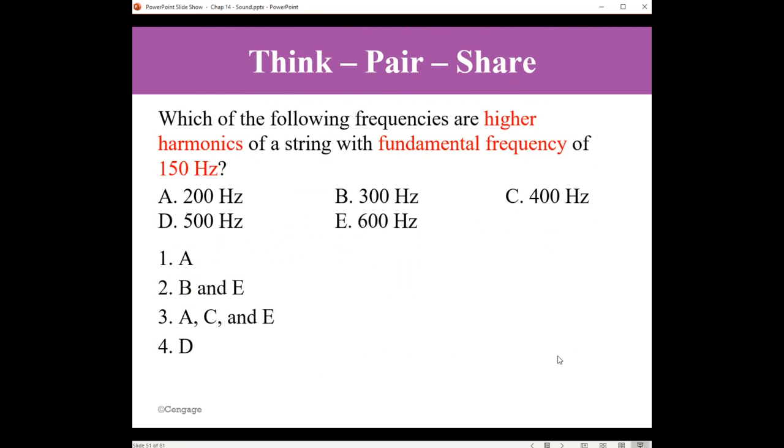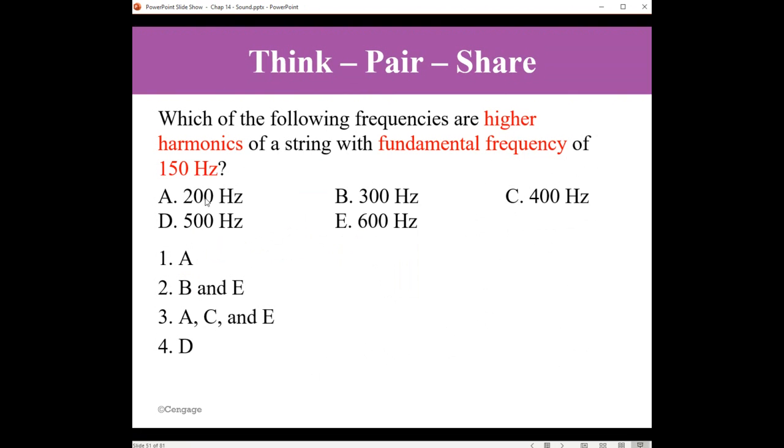Which of the following frequencies are higher harmonics of a string with fundamental frequency of 150 Hz? To answer this question, we know that higher harmonics need to be integer multiples of the fundamental frequency.